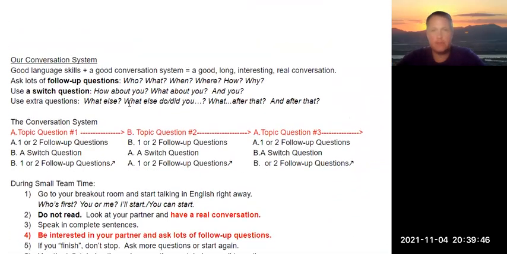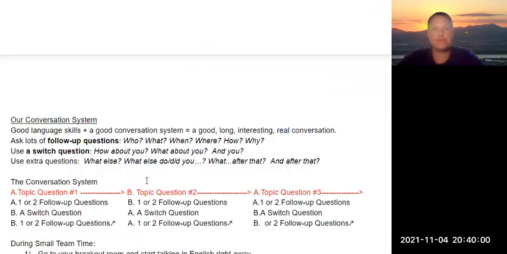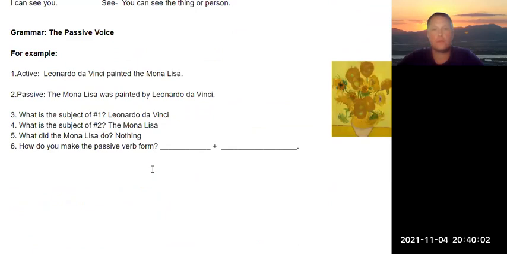Or if we look at the verbs up here, was drawn, has been bought, was sold, were made. What do we have in each of these verb forms? Yeah, we have the verb be, and then we have a past participle.